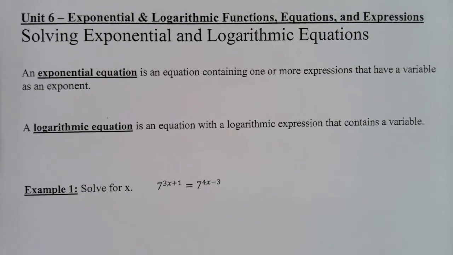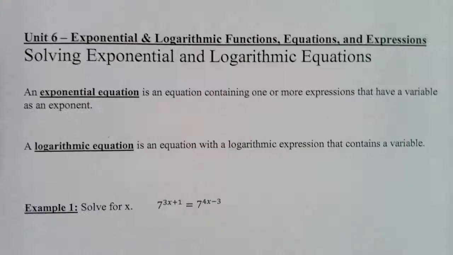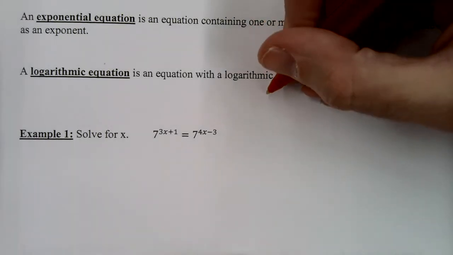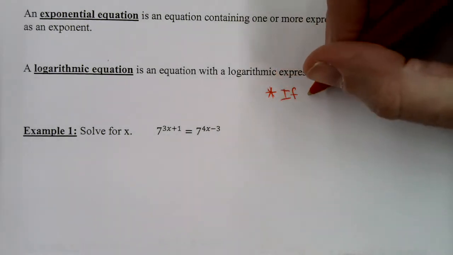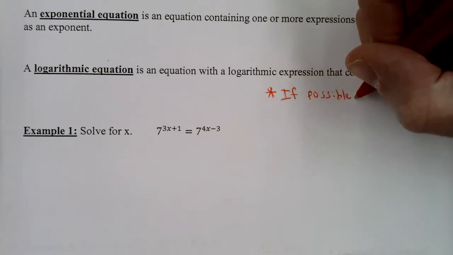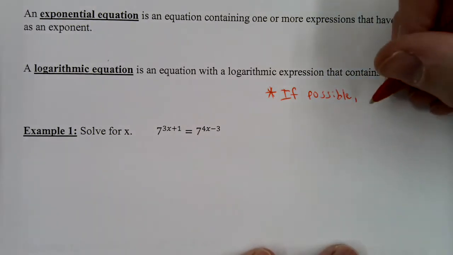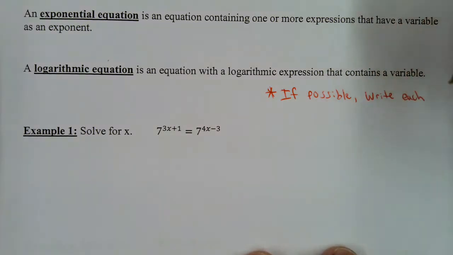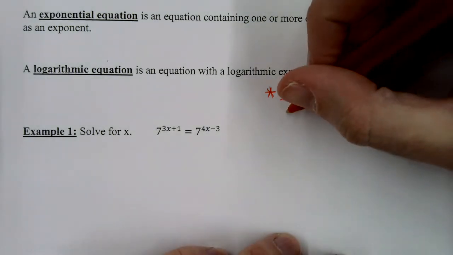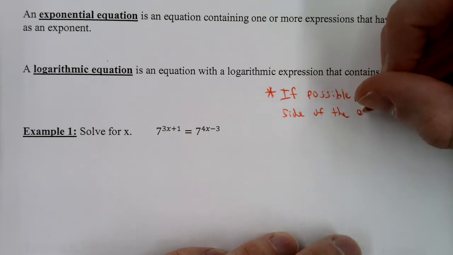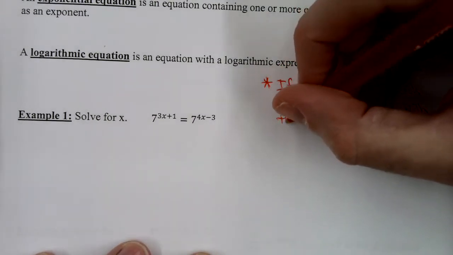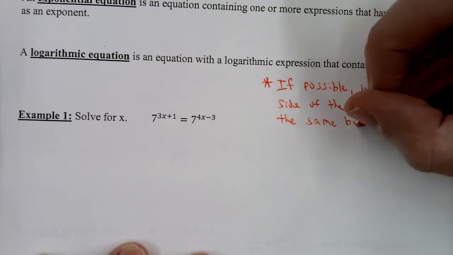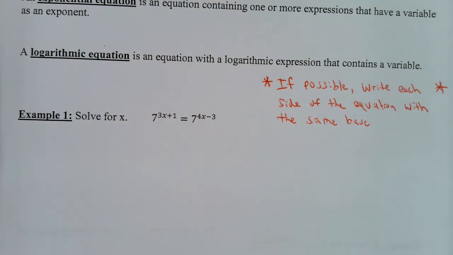So basically for all these problems, and I only have 6 examples, what you're going to do, let me jot this down before we do the examples: if possible, write each side of the equation with the same base.